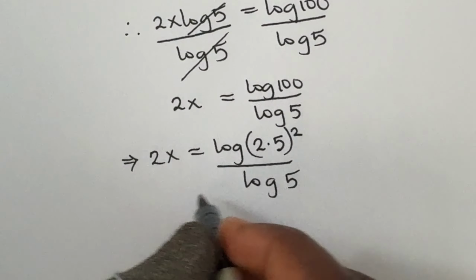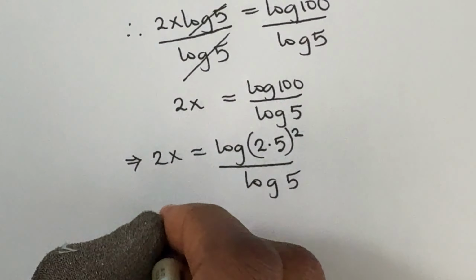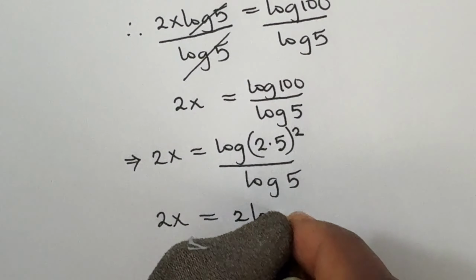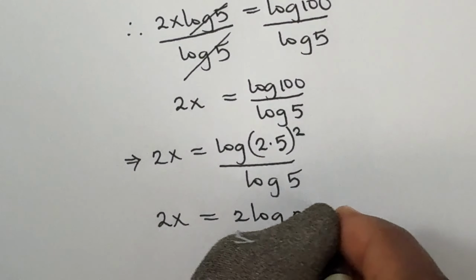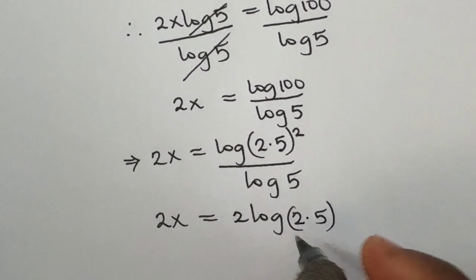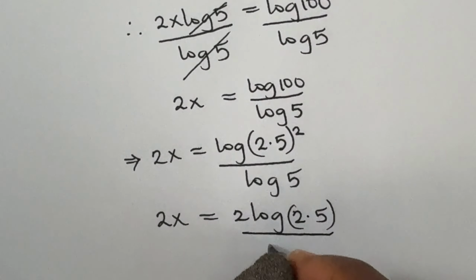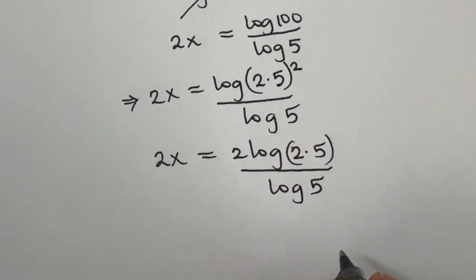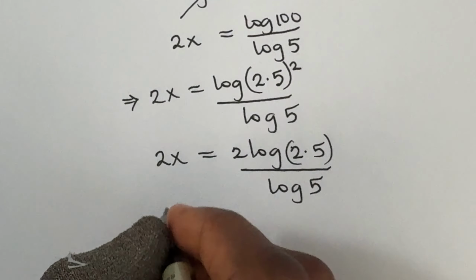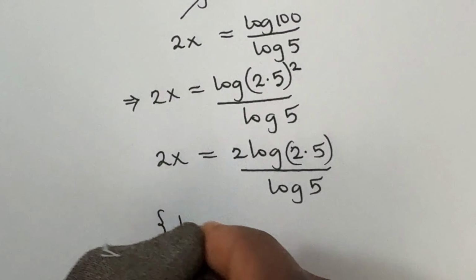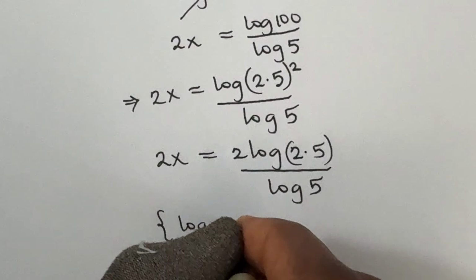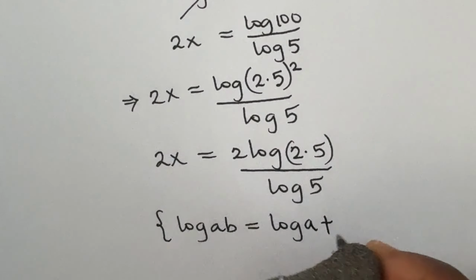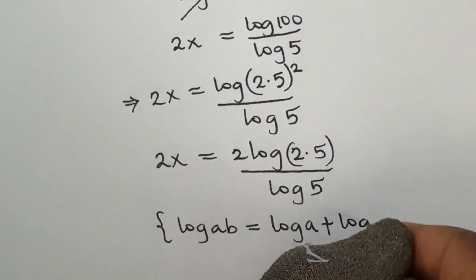By logarithm, this can be expressed as 2 log 2 times 5 divided by log 5. Then by logarithm, log a times b is equal to log a plus log b.